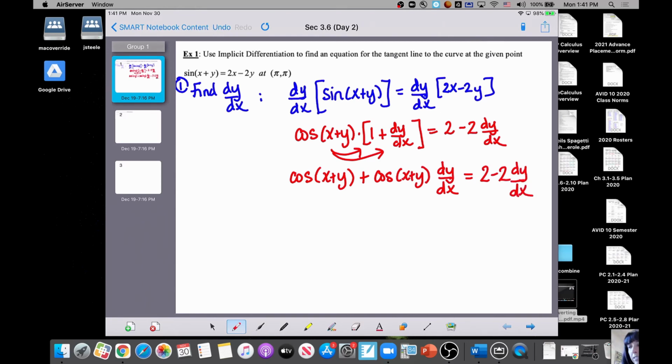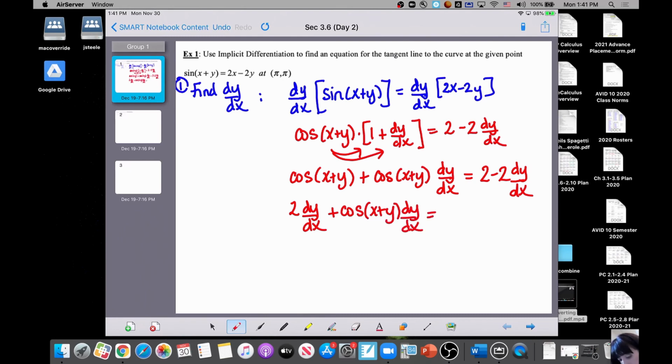And just like always, I would like to solve for dy/dx. So I'm going to move the negative 2 dy/dx from the right side to the left side. So that's going to become positive 2 dy/dx plus the cosine of (x plus y) dy/dx.